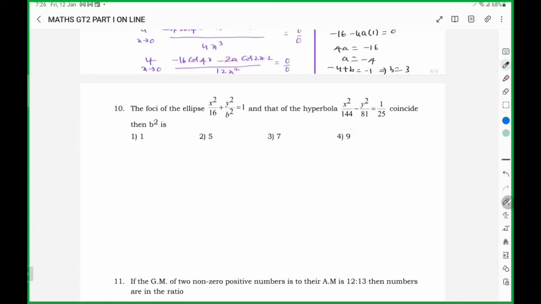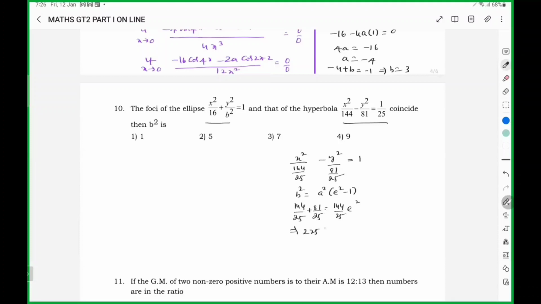Here, foci of the ellipse and that of the hyperbola coincide. X square by 144 by 25. So here for the hyperbola, 144 by 25 plus 144 by 25 into e square.